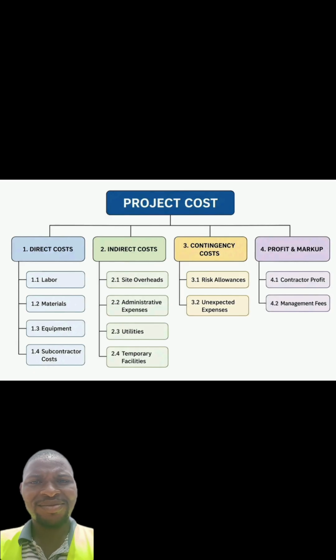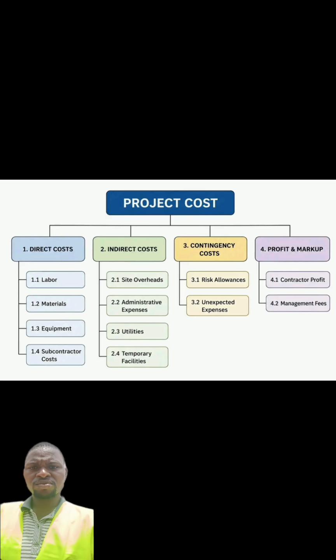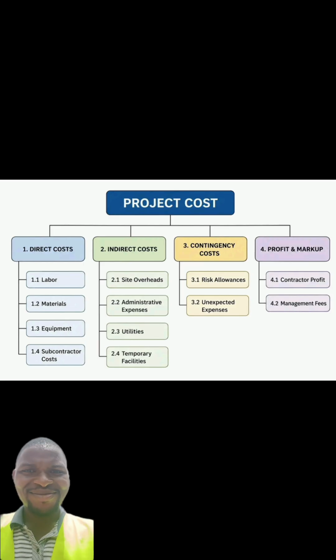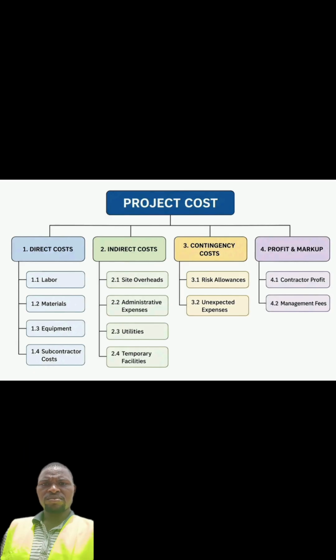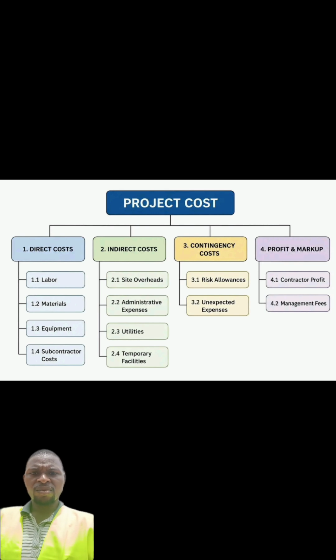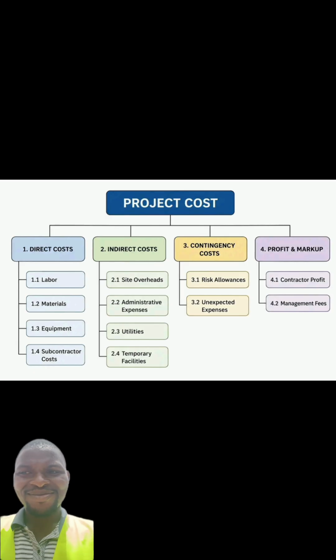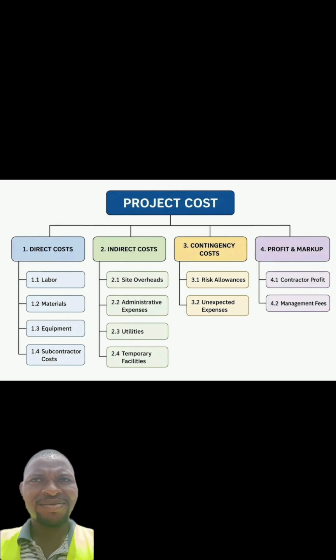Because if your client has assented to a particular bill and both of you have signed, it only takes a reasonable client, maybe in case of eventuality or casualty, to review such a bill. But if you didn't include your profit in the bill, then it's none of the client's problem. So you have to actually consider your profit, and there are ways of doing this. There are modalities to this phase of profit.